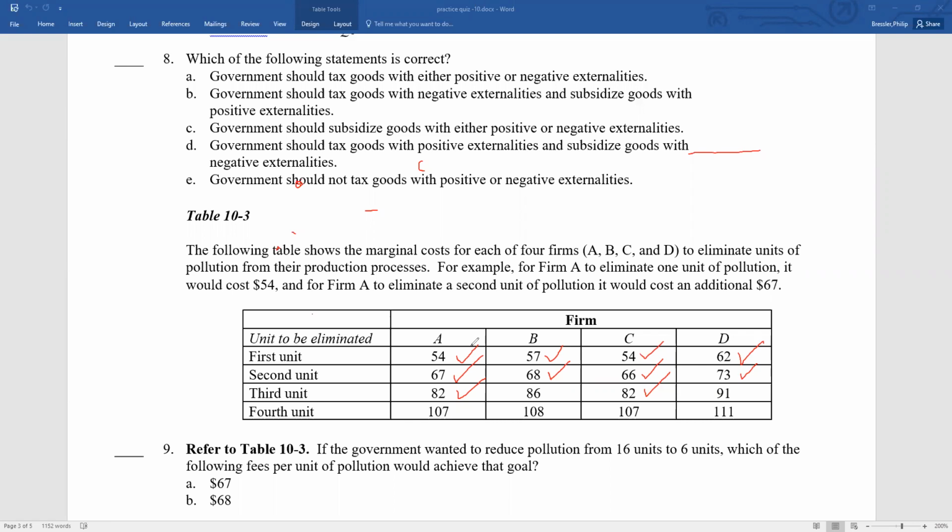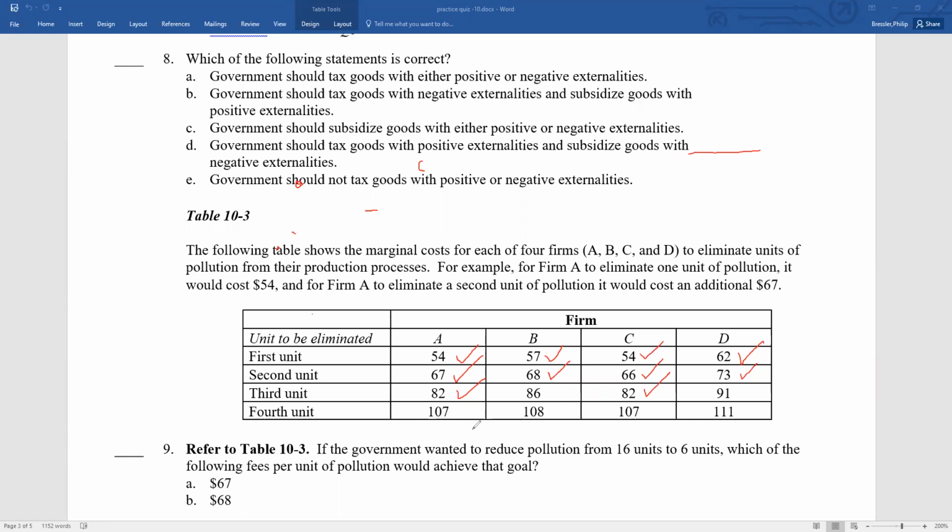This question, they could ask you anything. They could ask you to eliminate 8 units, 6 units, and truthfully, you have to go through all the answers till you hit the right answer. But I think the key here is in the boxes, in this table, that's the cost. You cross out anything that is more than what the government's giving you, which is in the answers here.